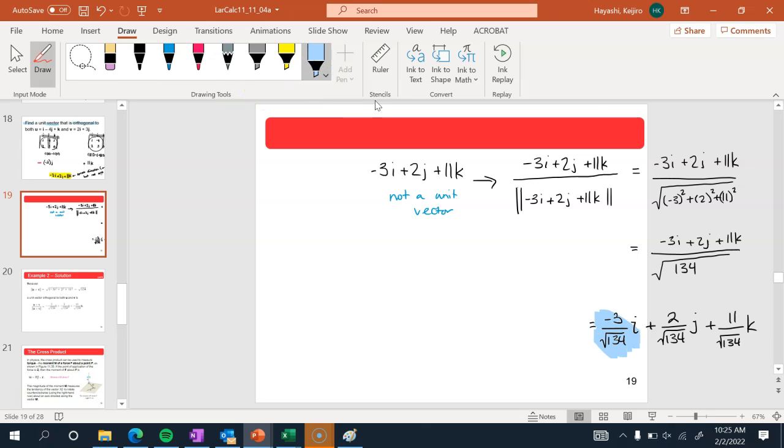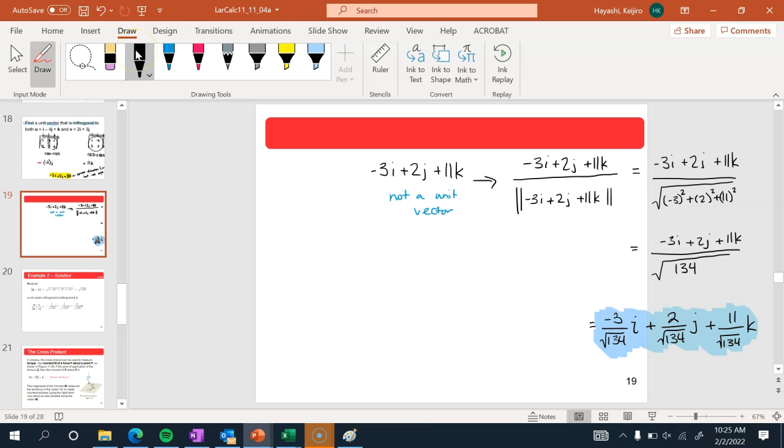So that is a unit vector, and it goes in the same direction, because it's just the cross product that we had, but scaled down. It goes in the same direction as our cross product, meaning it is both a unit vector and orthogonal to the two vectors we started with.